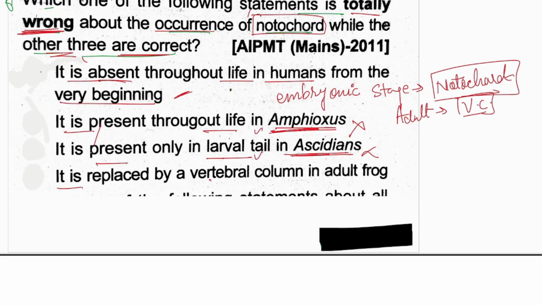It is replaced by the vertebral column in the adult frog. That also we have seen. So this is also incorrect according to our question. So we can go with the first option only, because in this one they are saying it is absent throughout the life in the human from the very beginning. Okay, so this was actually present in the embryonic stage. So based on that statement we can say the first one is actually incorrect, and that would be our correct answer.